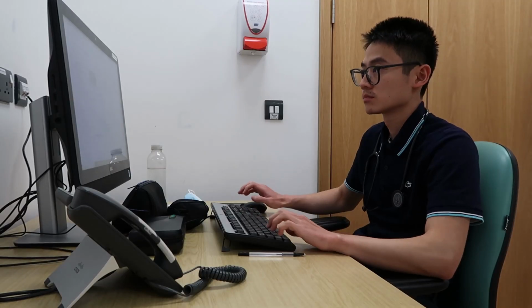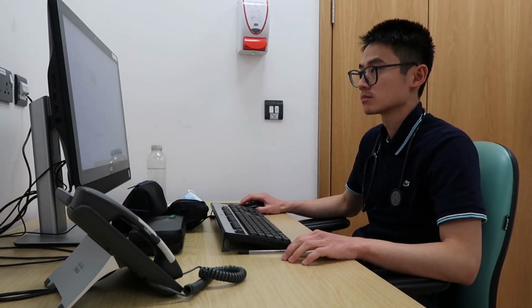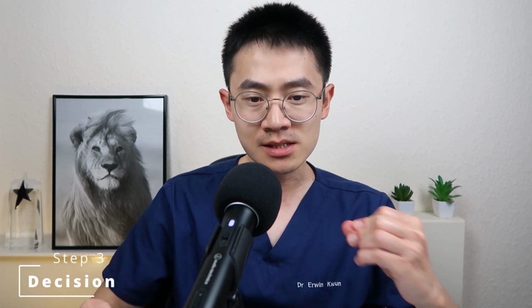This is where you deliberate over options, if there's options, and take into account the patient's interests and preferences. And step three is decision. So this is where you and the patient make a joint decision that is aligned to the patient's interests and what goal you're trying to achieve. By following this three-talk model, you have a more stepwise approach to shared decision making.